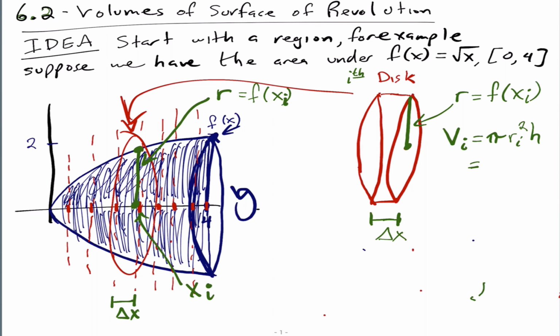So what is that? If I translate it, that's going to be pi times the value of the function in this case, right? f of x sub i, delta x. Pi f of x sub i squared delta x. Okay, so that's one subsection.